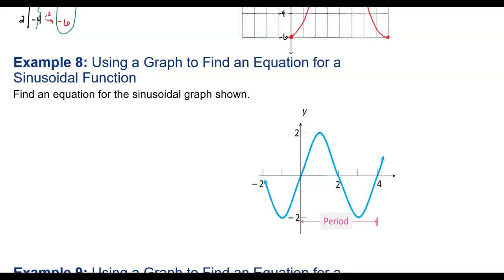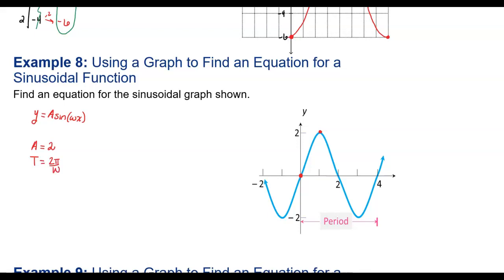Well, always look at the origin first. It's at 0, 0, which means it's going to be a sine function. So we have y equals a sine omega x. Well, our amplitude is the height of our graph. And so our height is at 2. Now our period is 2 pi over omega.